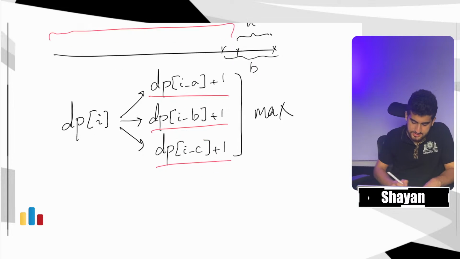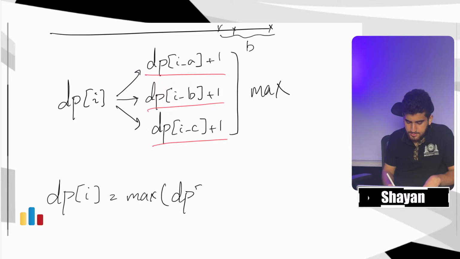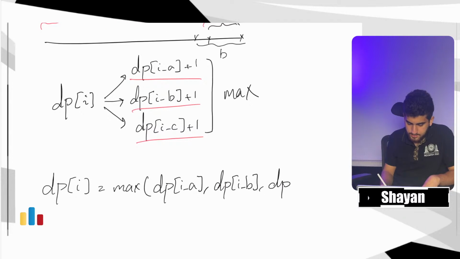So my answer, dp of I, is going to be the maximum of dp of I minus A, dp of I minus B, and dp of I minus C, plus 1.